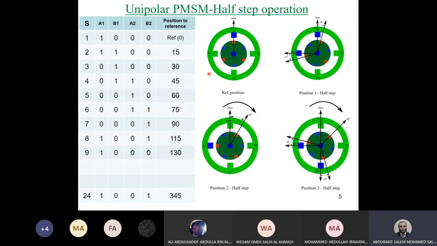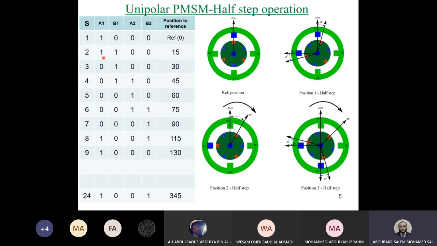The same as we have described in the variable reluctance motor. As you can see, the sequence of pulses for the full step operation was 1 and 3 zeros. The third step is the same as the second step in the full step operation, 0, 1, 0, 0, which means the rotor will be in the same position of 30 degrees, and we can make a logic OR between the first and third pulse patterns in order to obtain the half step.